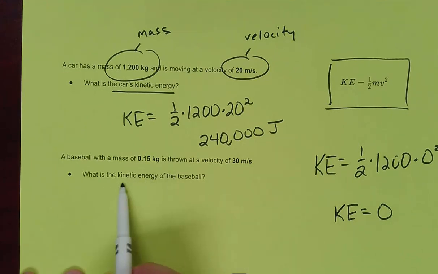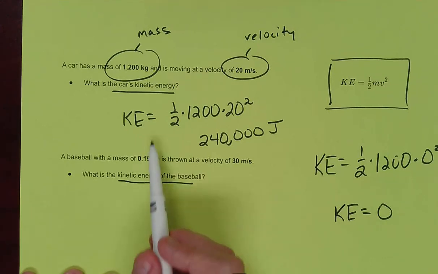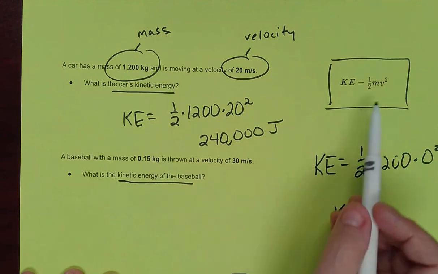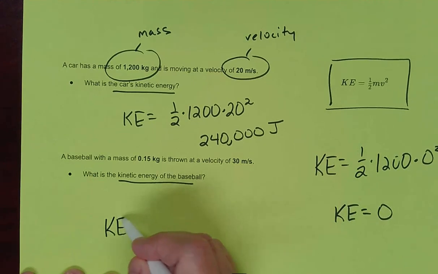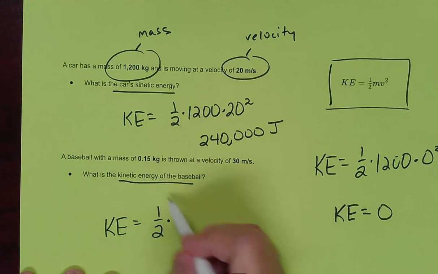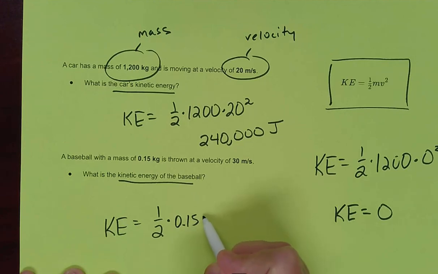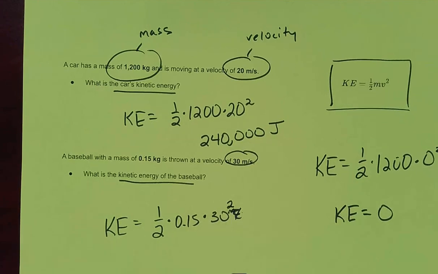Now I have a baseball. Notice the mass of the baseball is much, much smaller than the mass of the car. So when I use this formula, kinetic energy, half times the mass of my baseball, 0.15, times my velocity, 30 meters per, well, I'm just going to put 30, and I have to square the number.